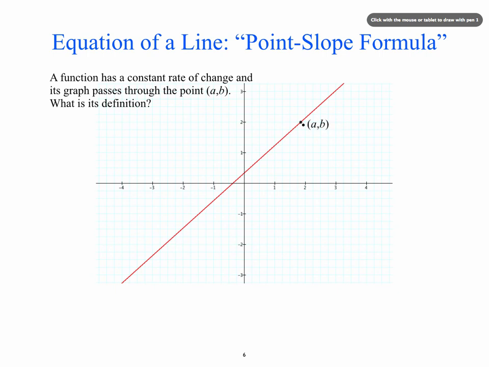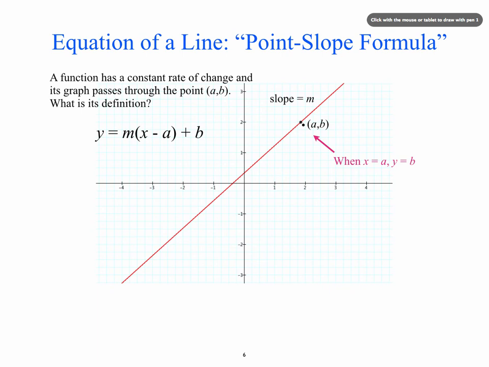Well, I need to know the point. I need to know the slope, right? And I can say, all right, so this point represents when the x value is a, the y value is b, and I end up with this formula. Okay, but where did this actually come from?